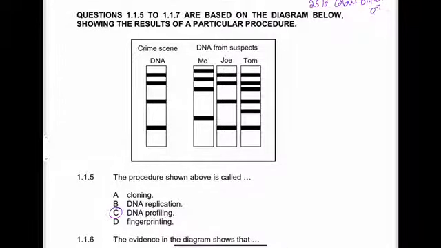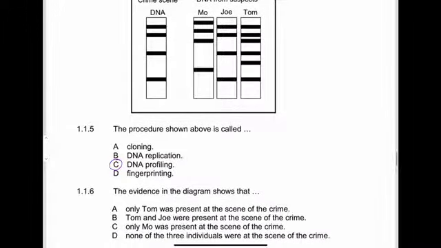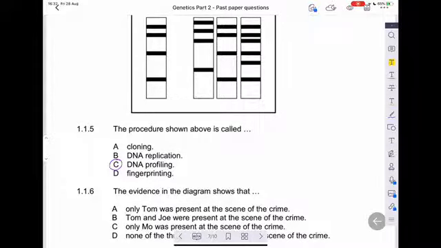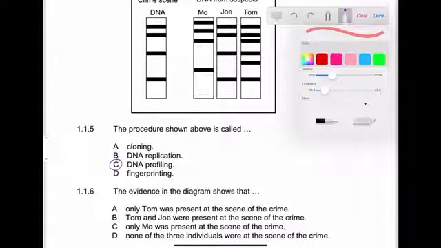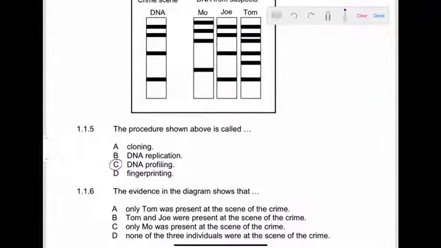It then says to you, the evidence in the diagram shows that which individual was present at the scene. You can see that the DNA bars match up quite nicely with Joe.